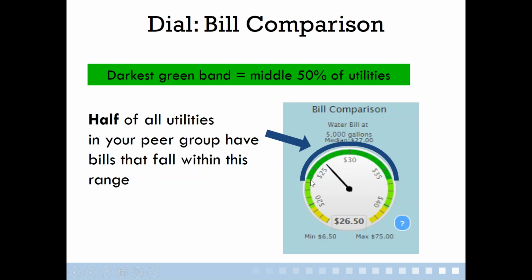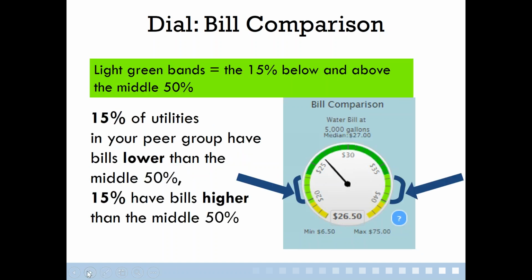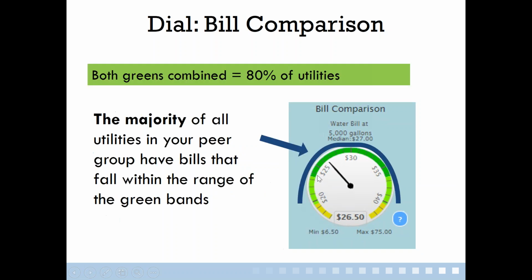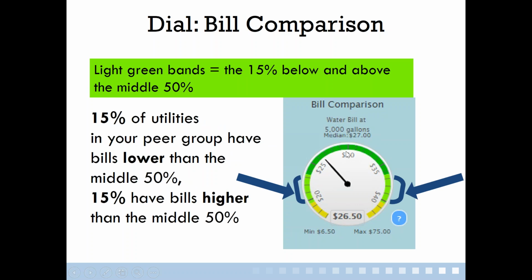And this is from 25% up to 75%. So it's not too high, it's not too low. This is the majority of what your peers are charging in here. So it's a great place to be, the median. Next, we have these light green bands that are to the left and the right of the middle dark green band.